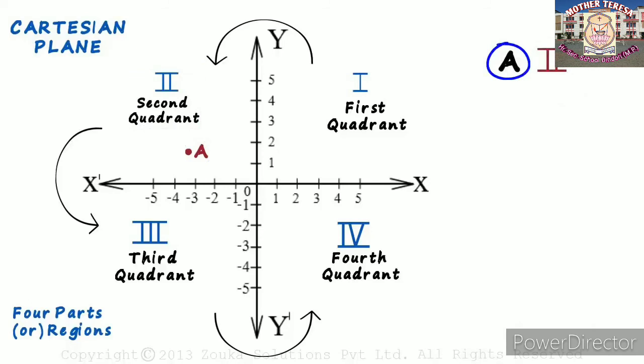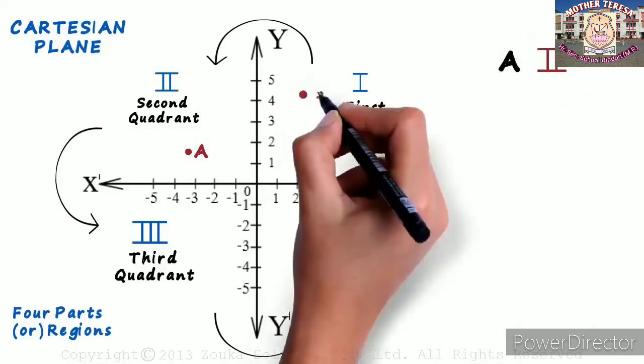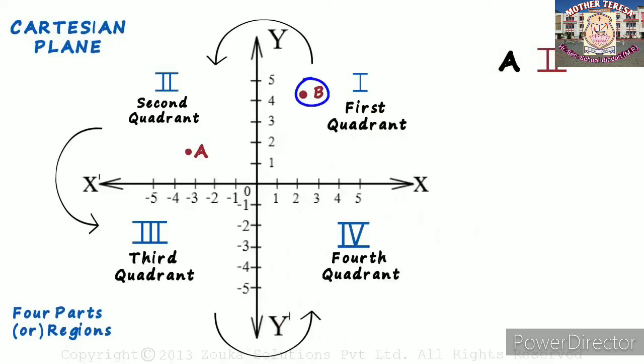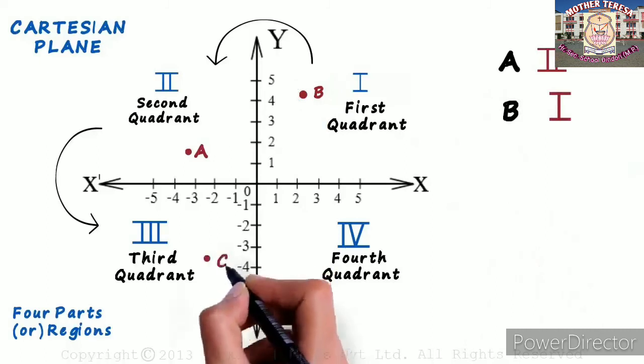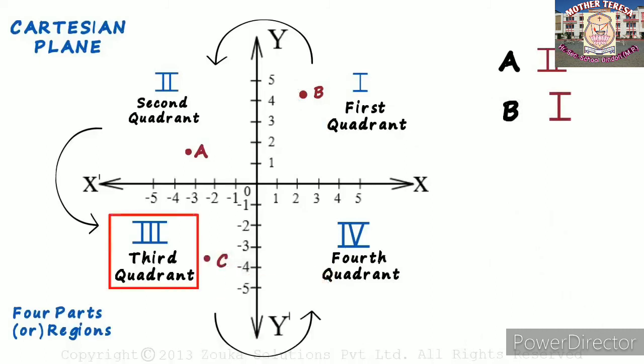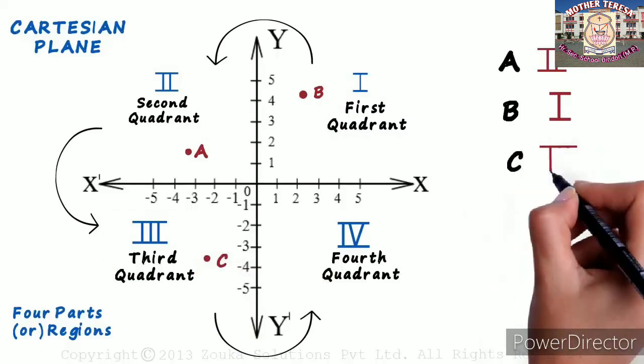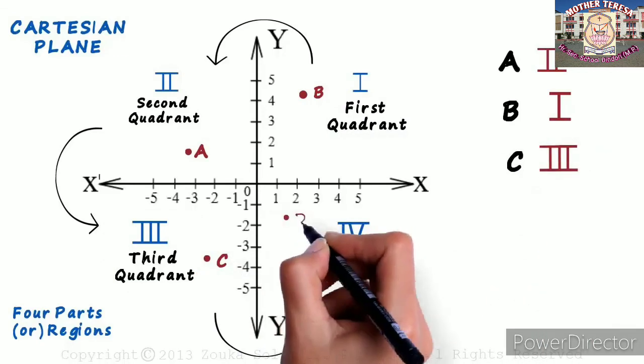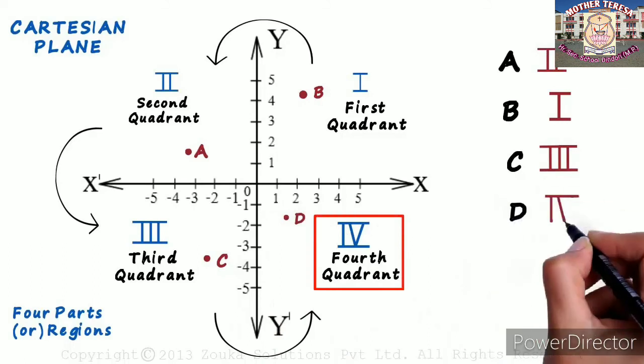Point A lies in the second quadrant. Let's assume I mark point B here. This point is in the first quadrant. We write B first here. Point C is marked here as it lies in the third quadrant. We write C 3. And this is point D. It is in the fourth quadrant.